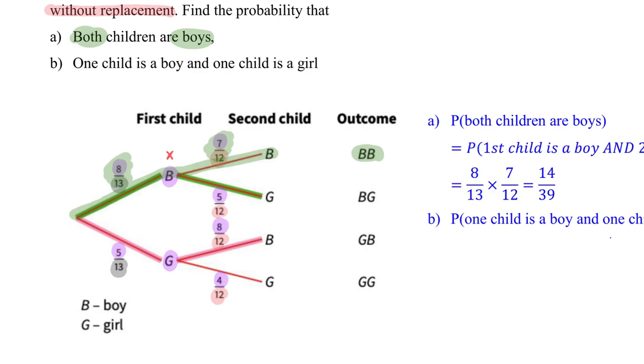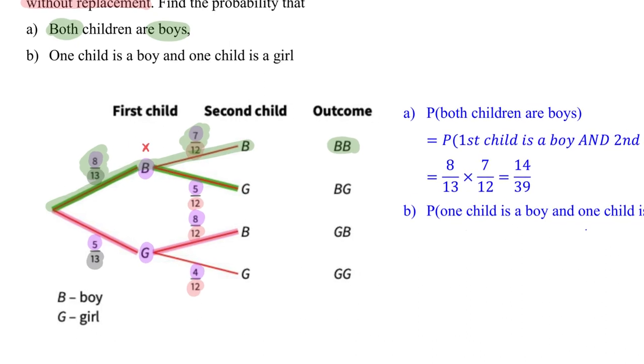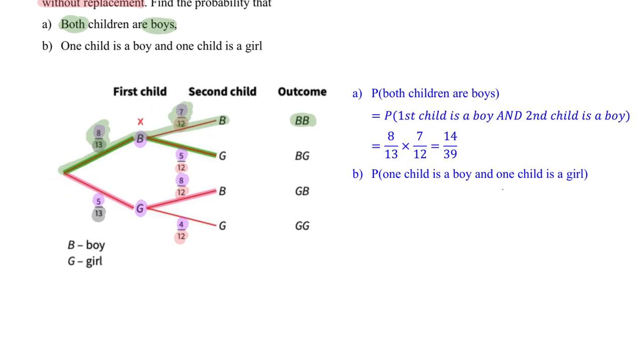Okay, so you can see that the answer is simply the first child is a boy and the second child is also a boy. I only need this branch, so I multiply these two probabilities to get me the answer, 14/39.